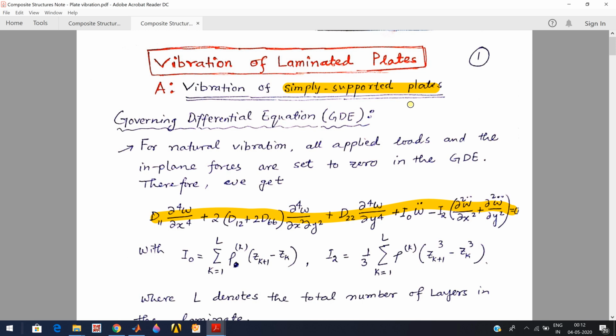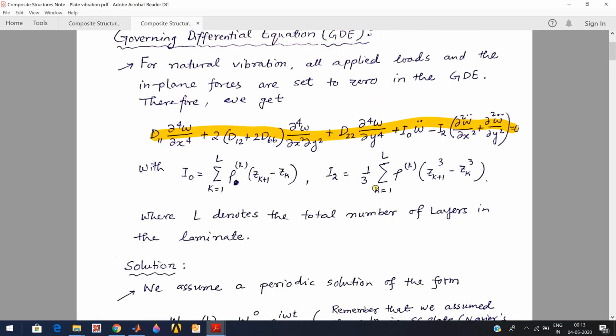And the second boundary condition will be two opposite edges simply supported, and the other two edges will be either free, clamped, or simply supported. That kind of plate boundary condition will be solved using the Levy method. So both Navier and Levy methods will be discussed here. First, we will discuss the Navier method.